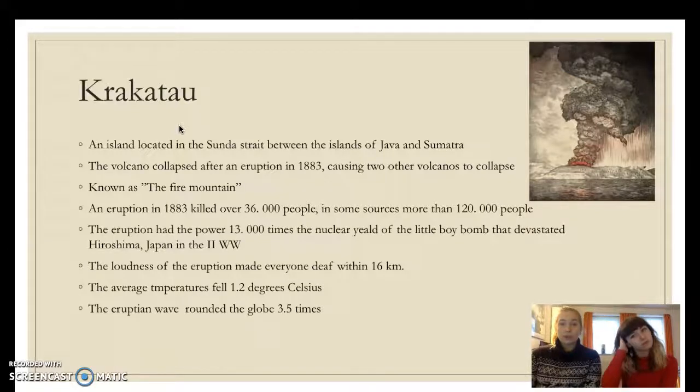The loudness of the eruption would have made everyone deaf within 16 kilometers, and the average temperatures fell 1.2 degrees Celsius, and the temperatures went back to normal after 5 years. The eruption wave rounded around the globe 3.5 times.